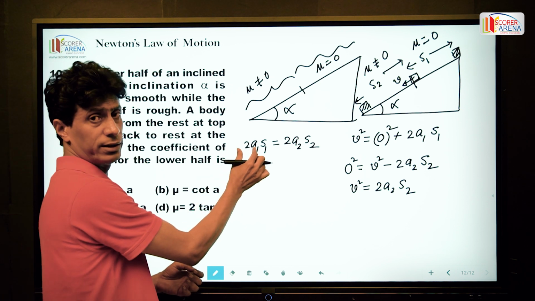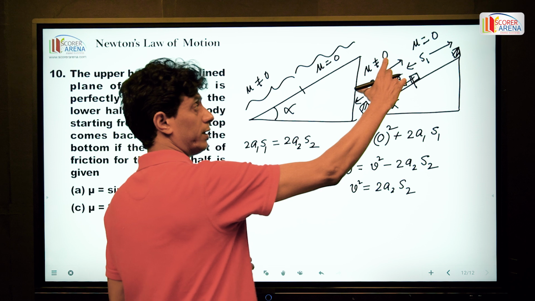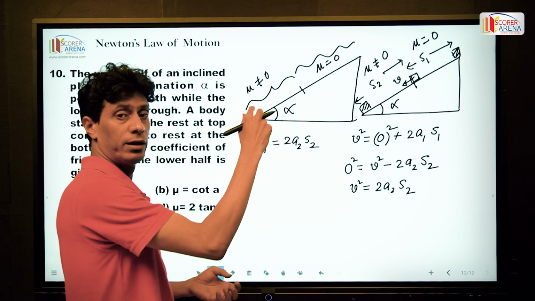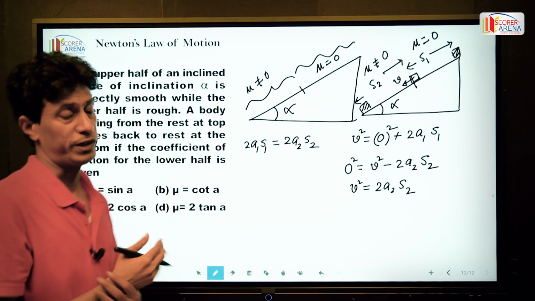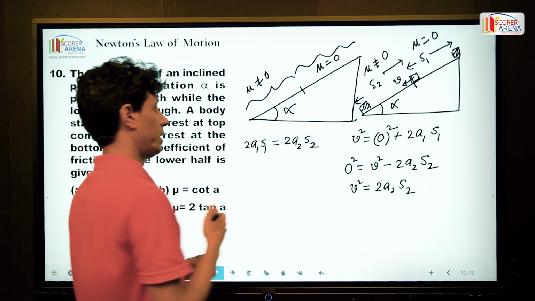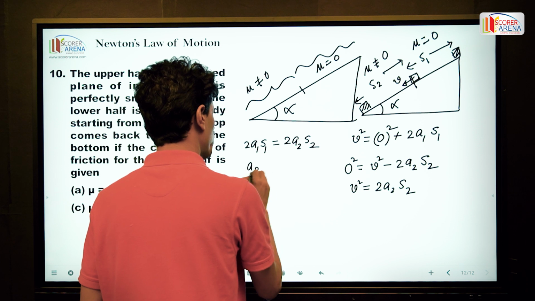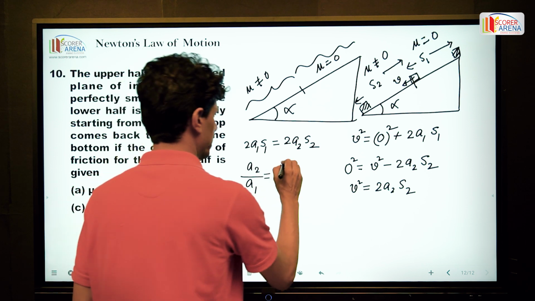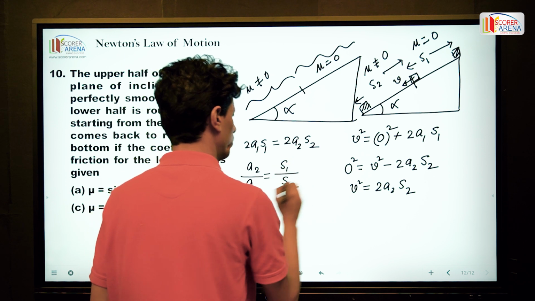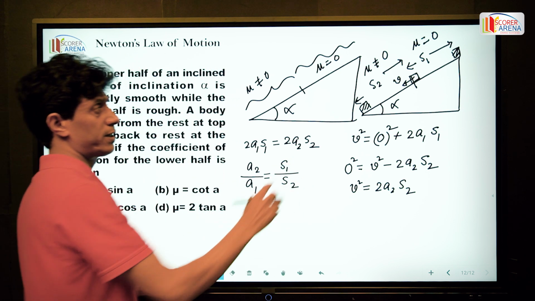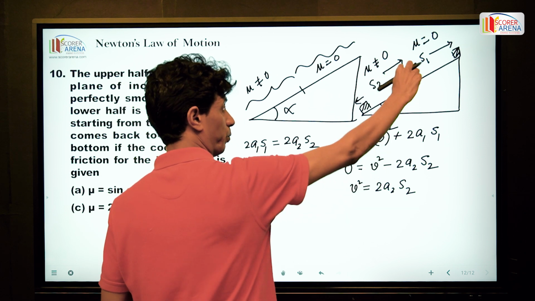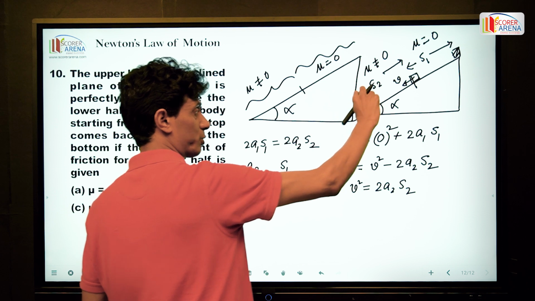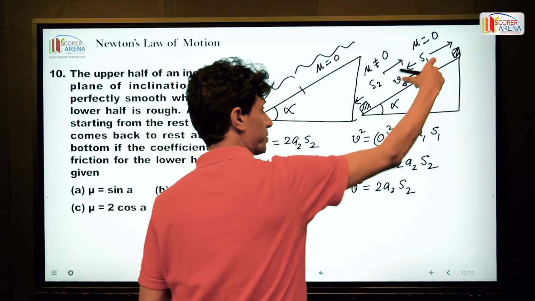a1 is the acceleration in the smooth part and a2 is the retardation through the rough surface of the inclined plane. And a2 by a1 is equal to s1 by s2. Since the velocity of the body goes on decreasing and finally becomes 0, in this part there is retardation and in this part acceleration.